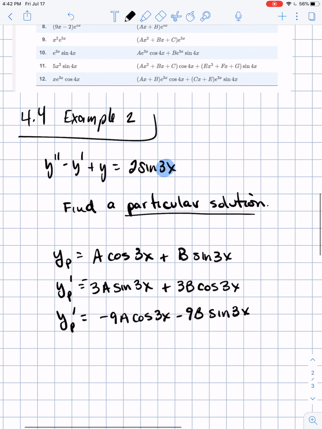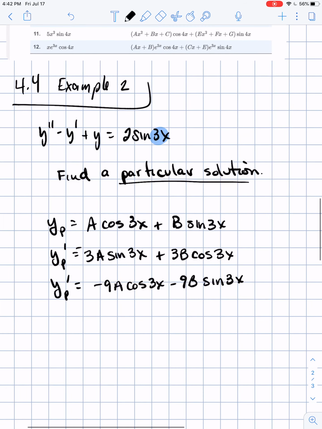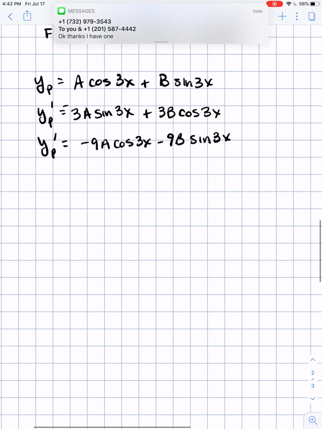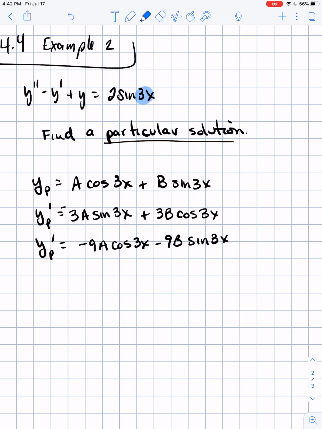So you have these three: the function, the first and second derivative, and what we're going to do is plug each of these in to our function here.